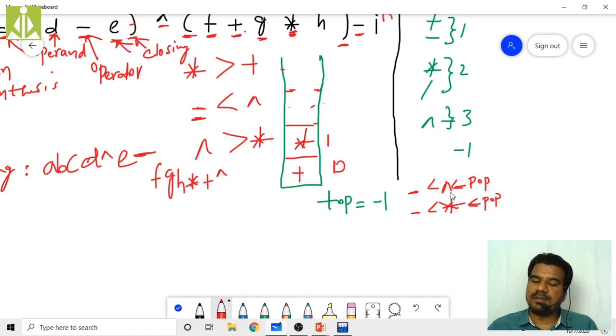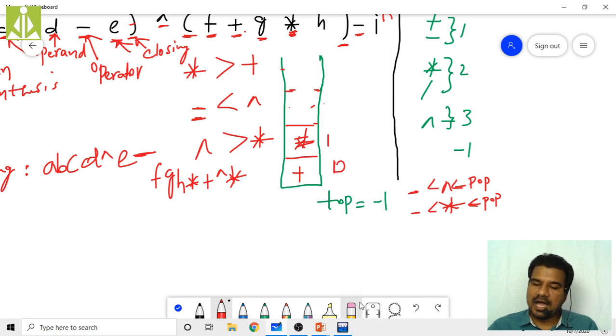This is power symbol, and power symbol is having the greater precedence, and scanned character is having the lesser precedence. So we popped this power symbol. Then we are comparing this minus with this multiplication symbol. Multiplication symbol will have the greater precedence than the minus symbol. So again, pop this multiplication symbol, and it gets added to the output string.